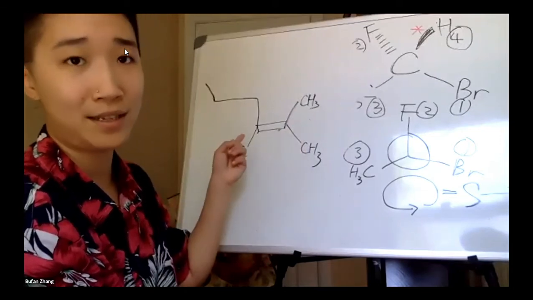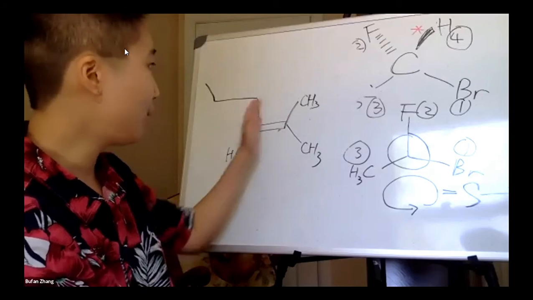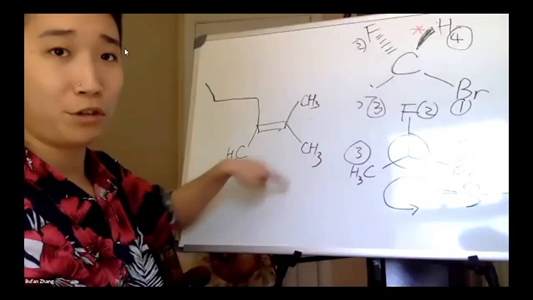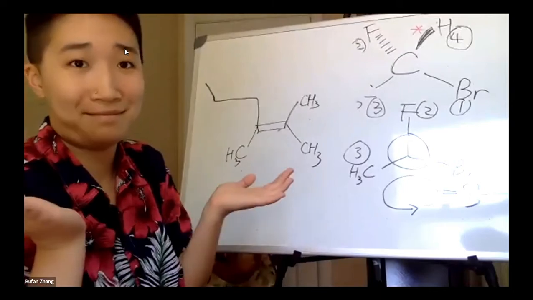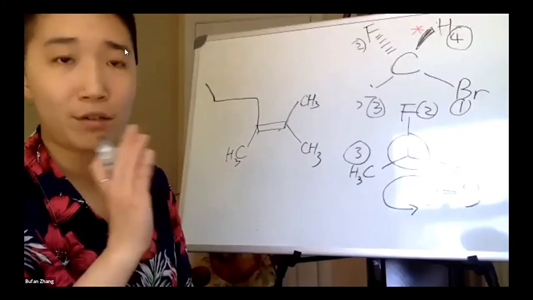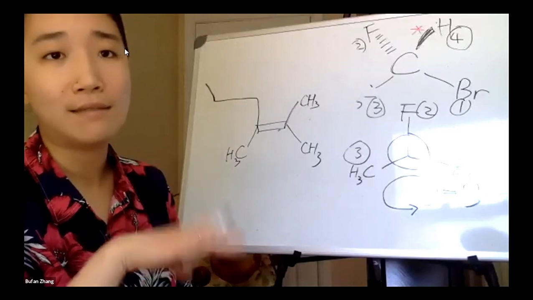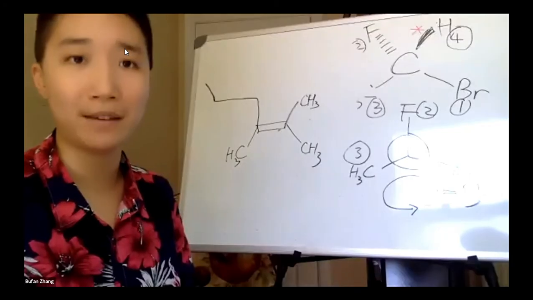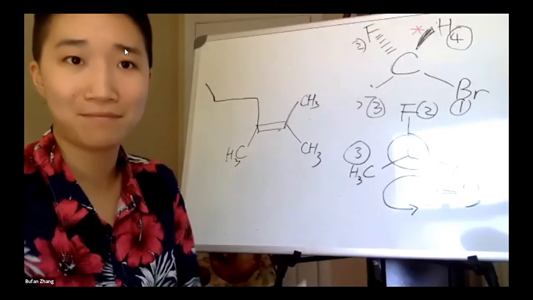Only this group is different, but how do I rank those? We have priority number 1 and 2, 2, 2. So in this situation, if you see three of the groups that are the same, there's no cis, trans, or E and Z.